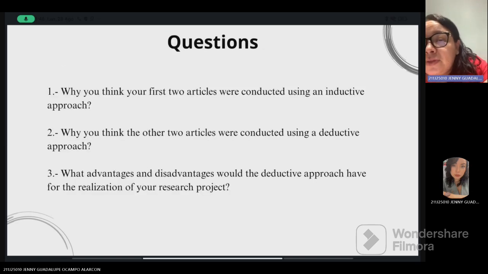The third question: what advantages and disadvantages would the deductive approach have for the realization of my project? Well, I think the advantage is that the deductive approach is going to help me generalize the dimensions of investment with the help of the same Likert scale of the article of Dawson and Izquierdo. But this is going to be in the context of higher education, with undergraduate students in different programs.